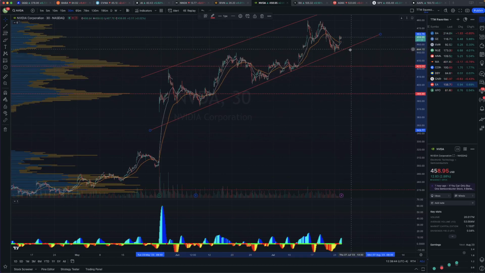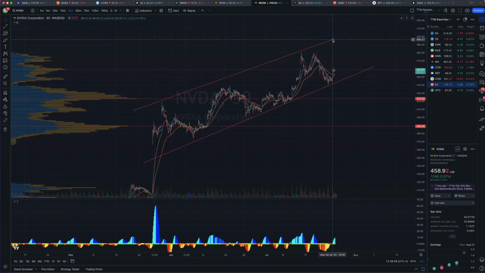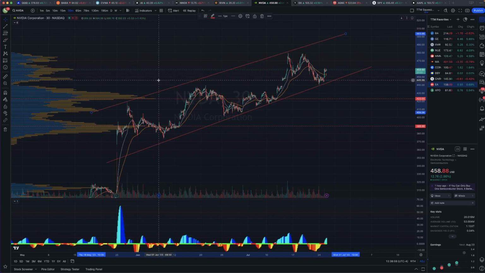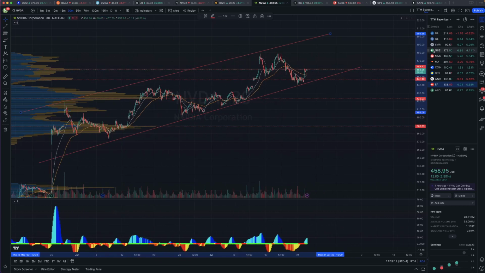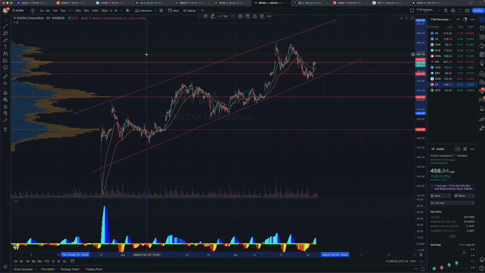We're kind of above those lines, but if we break down out of this channel, then those will be those first support levels. And then as we come in, I see a level here at 447.40. I see another one at 459.83, which we're coming up into right now.